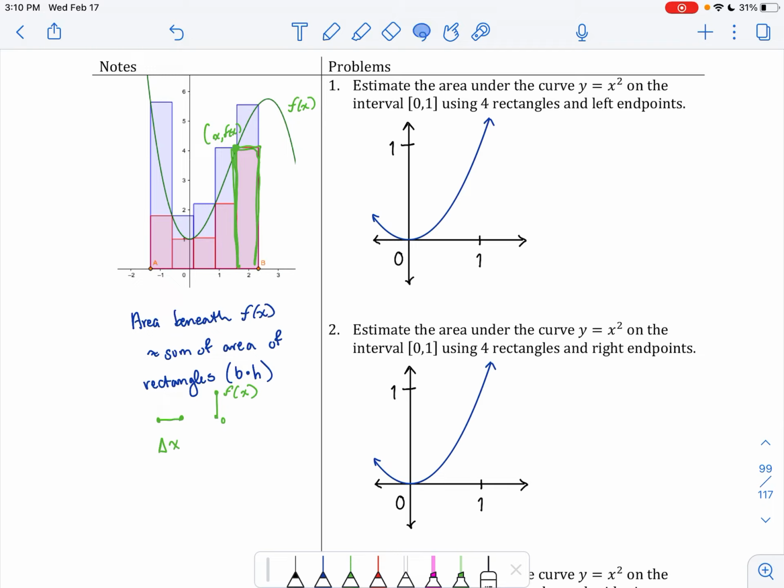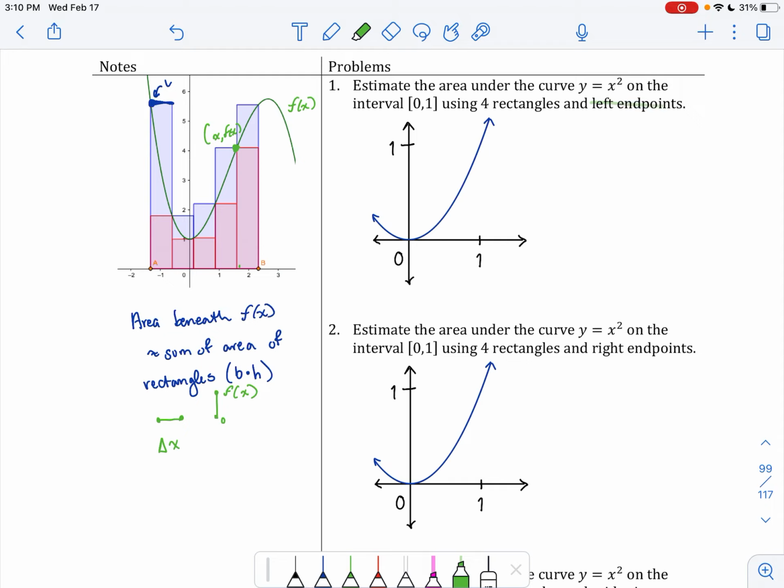So if we look at our picture here, the endpoints, whether you're using left or right, will give you different answers. If I'm looking at this point here, this is on the left of this rectangle, and that's what it means to be a left endpoint, versus, as you can see, we'll have other ones.